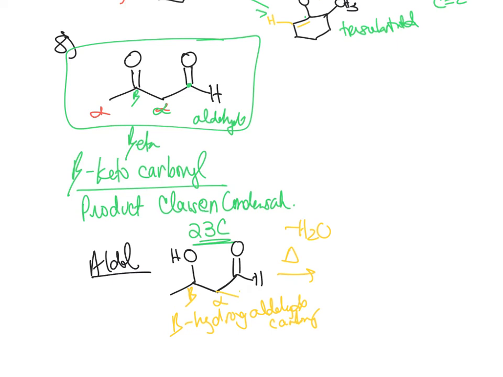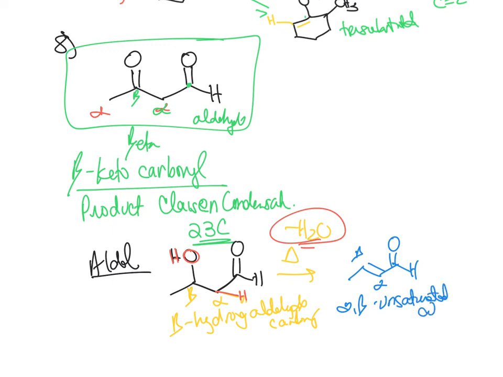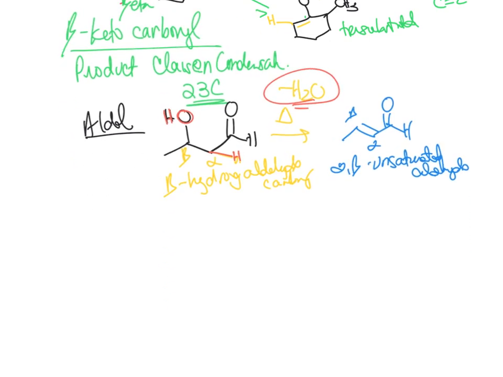So you're going to lose that other alpha hydrogen here, and you're going to lose this oxygen and that hydrogen. That makes up your water to give you an alpha beta unsaturated aldehyde. It's going to be very important to recognize which are your products for the Claisen and the aldol.